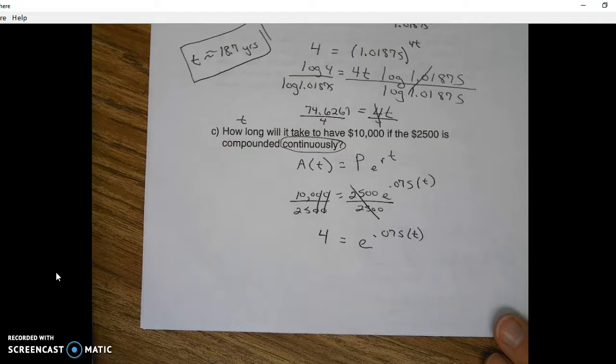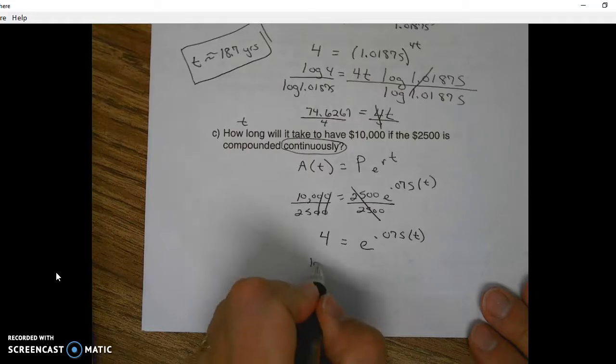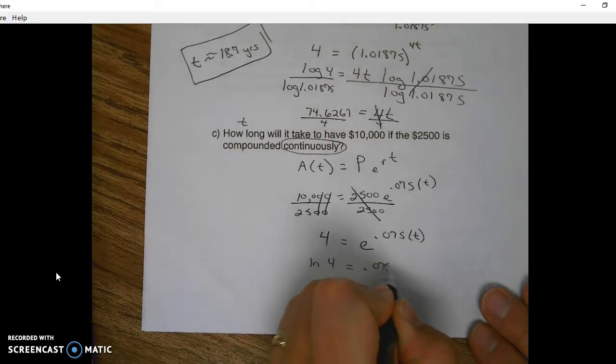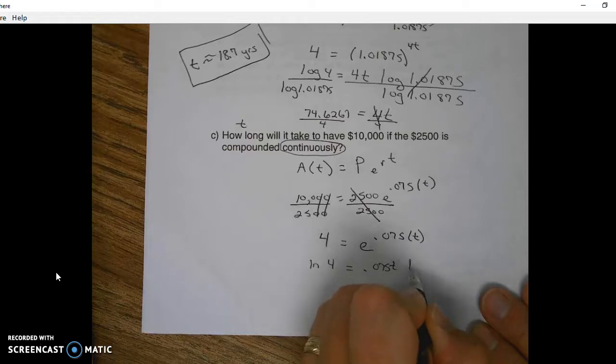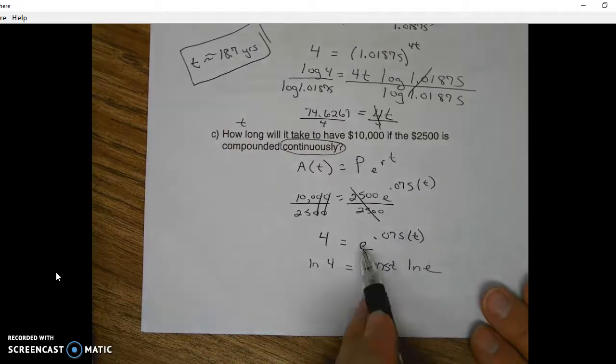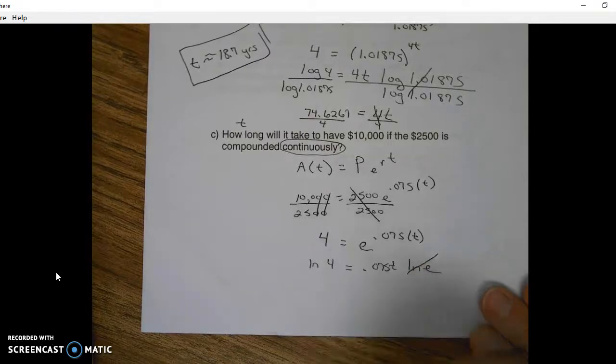I know I'm going kind of fast, so pause the video if I'm going too fast for you. Remember, when we're using e, we're going to use the natural log on both sides. Bring your exponent down. The reason why we do the natural log here is because natural log of e is 1.